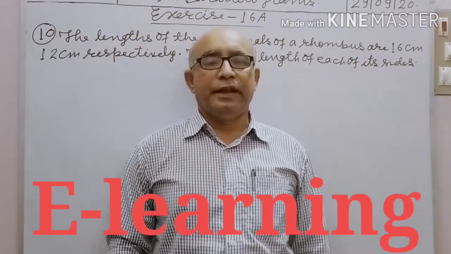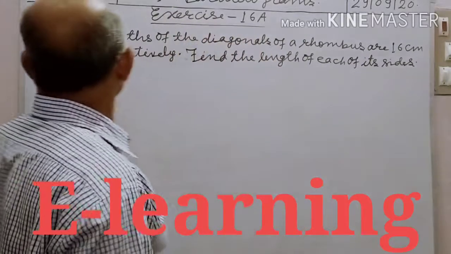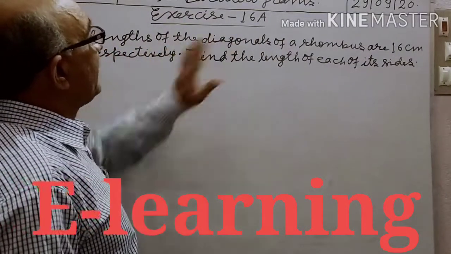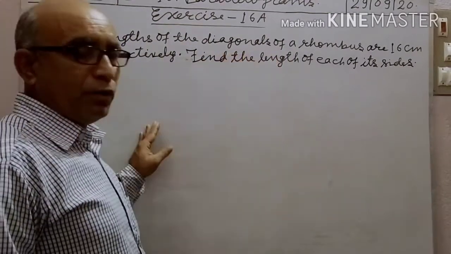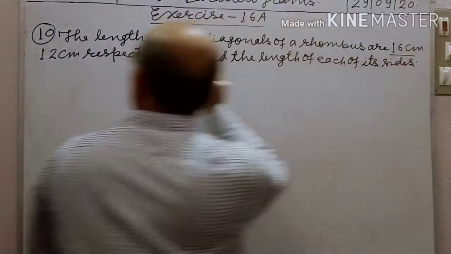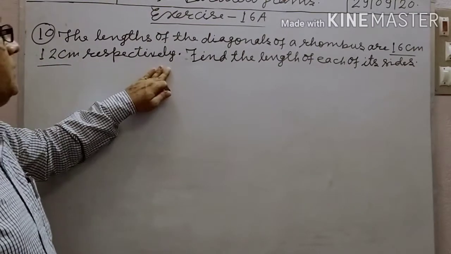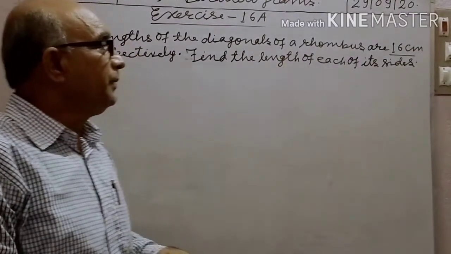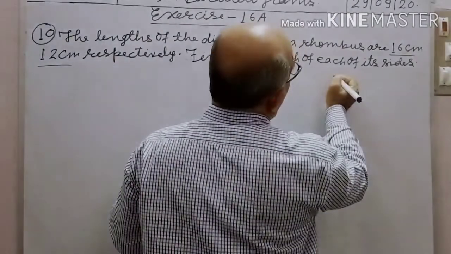Students, next question is question number 10. In this question, the lengths of the diagonals of a rhombus are 16 cm and 12 cm respectively. Find the length of each of its sides. First of all, draw a rhombus.